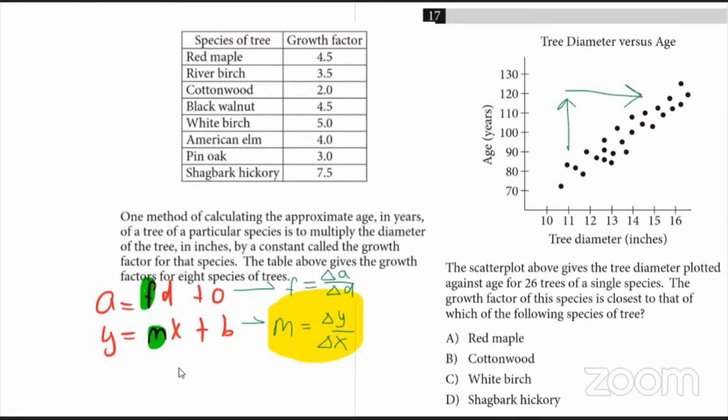So what's the slope? When you're doing slope for a line of best fit, you want the amount of rise over run, but you also want to pick the points that are furthest away. So I might pick this point and figure out how much we're rising and how much we're running. And that'll tell us the slope.